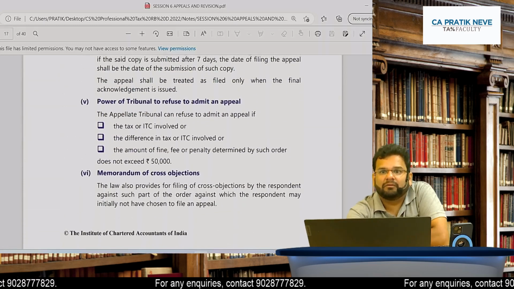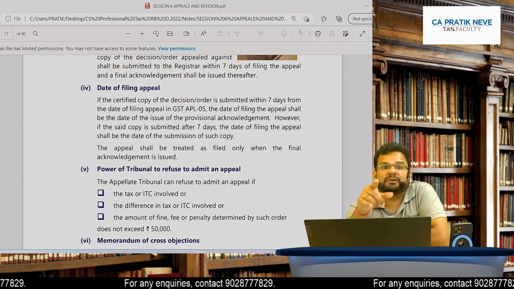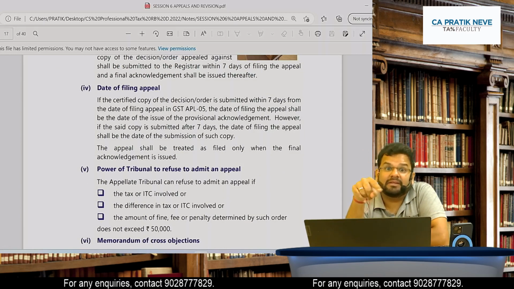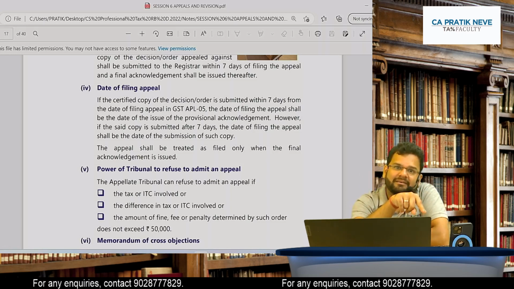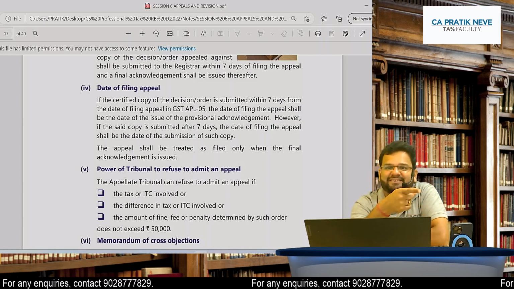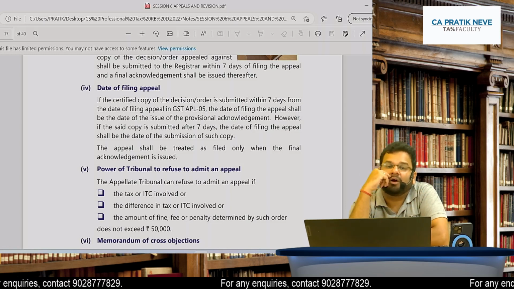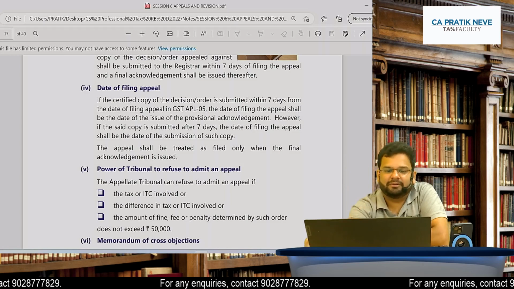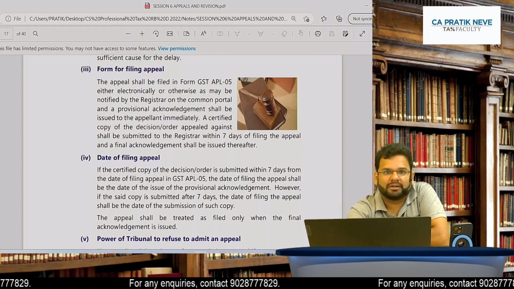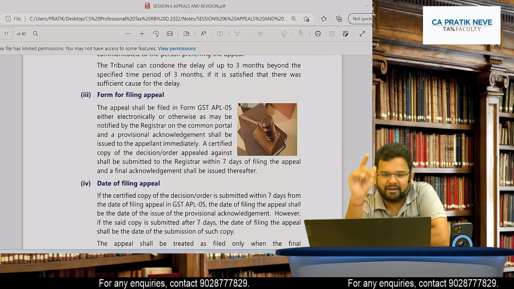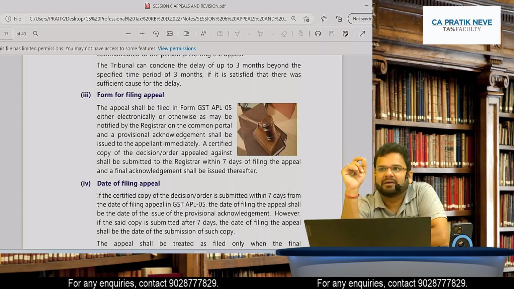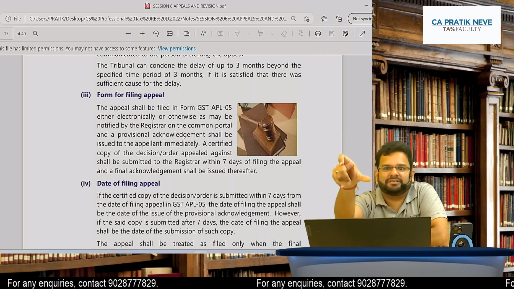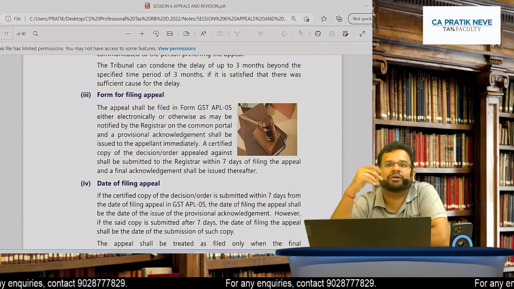By the way, one more thing. If the order given by the appellate authority is not accepted by the adjudicating authority or appellate authority, can they go to the appellate tribunal? My question is like this. The adjudicating authority has first given some decision with which I as assessee am not happy.